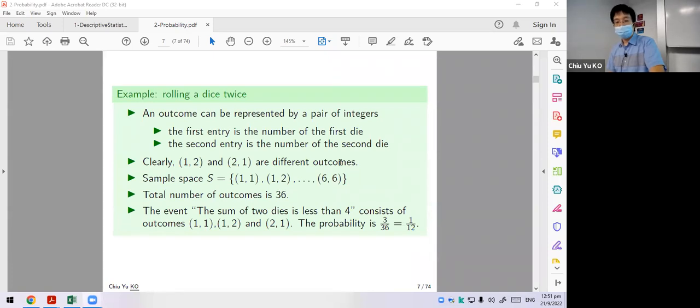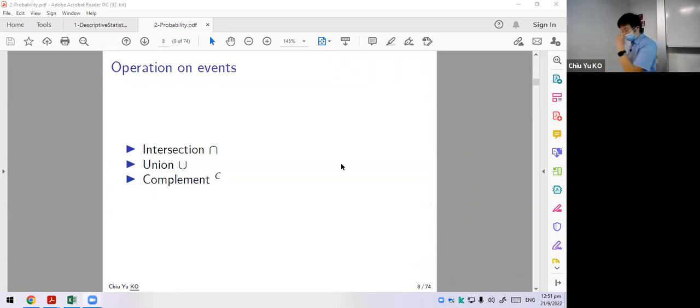I hope that is not something complicated. Now we are going to talk about some operations on the events. The reason we need to define this, as I said, is that probably next class, next week, we'll define what probability is.